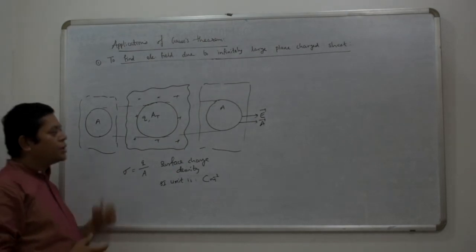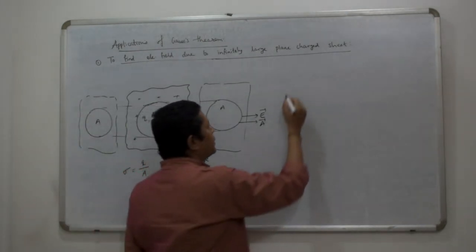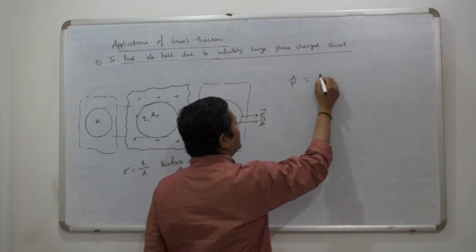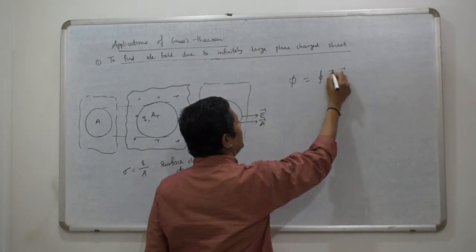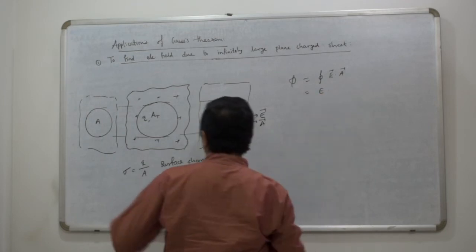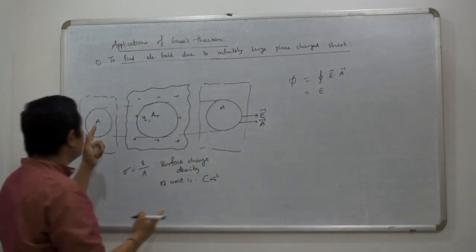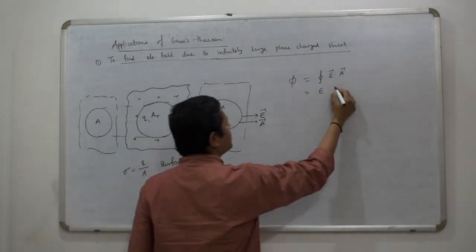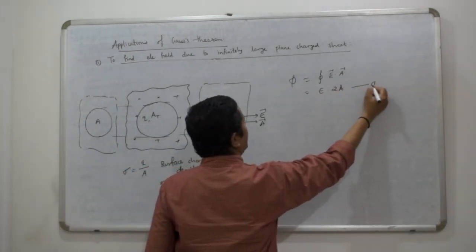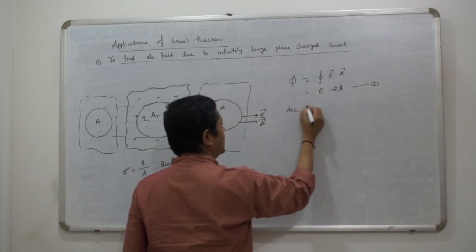So the flux due to this, you can write as flux phi is equal to integration over the closed surface E dot A. Here is the electric field, the Gaussian surface area, this as well as this. So the total Gaussian surface area is 2 times A. This is one equation.